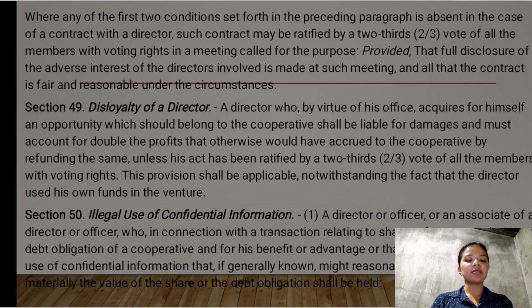This provision seeks to prevent insider trading and ensure that directors and officers do not exploit confidential information for personal or financial advantage.